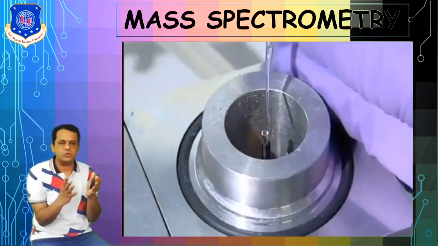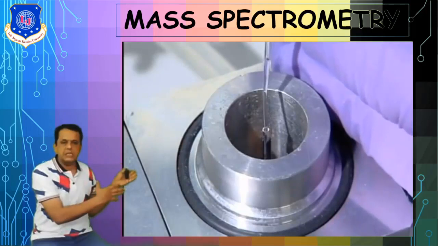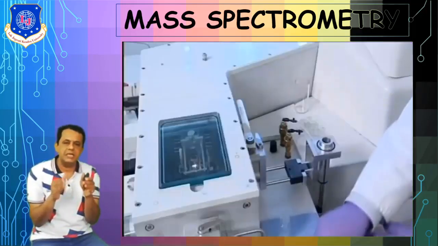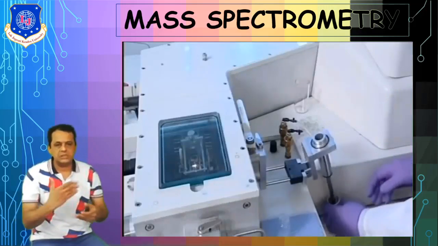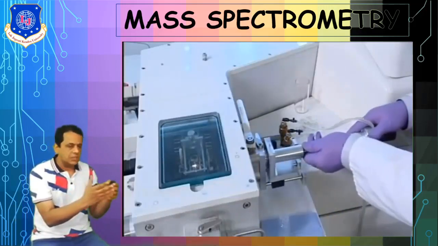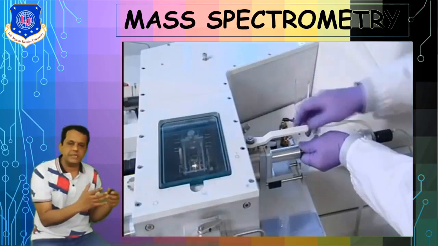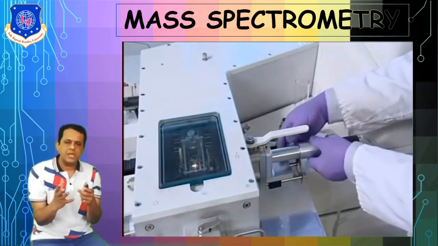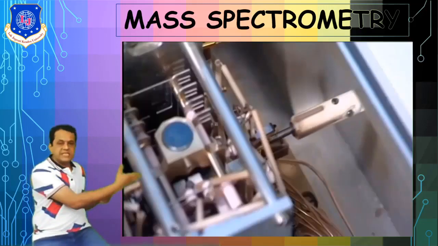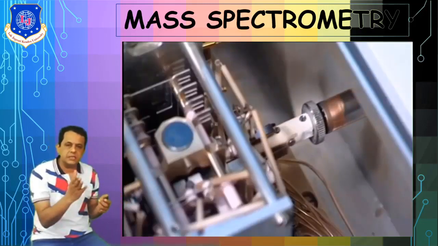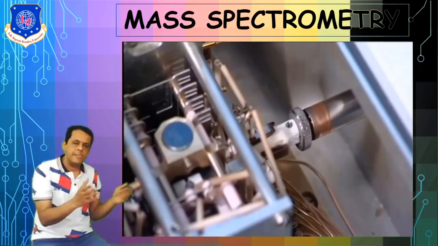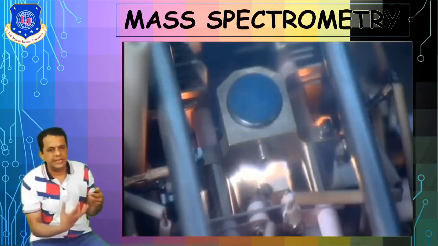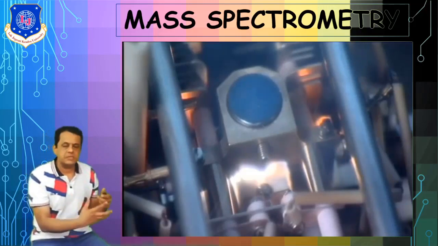So here a sample is taken and inserted in the inlet. Now see, this inlet is connected to the ionizer source part, and we'll see what is happening inside it. The sample is introduced here, and then the entire ionization process takes place.